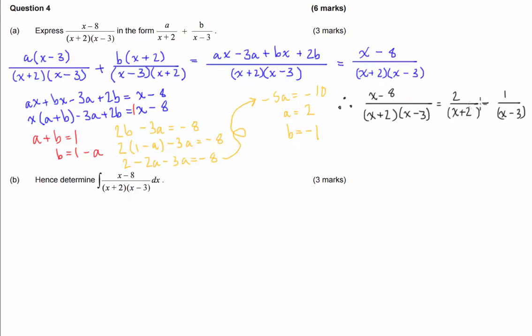Those brackets are unnecessary, I'm just doing that for my own benefit. Okay, so there's the answer for part A. Now on to part B.